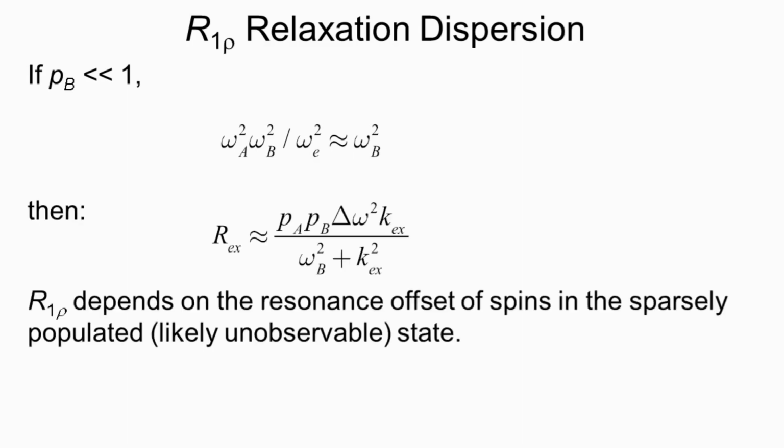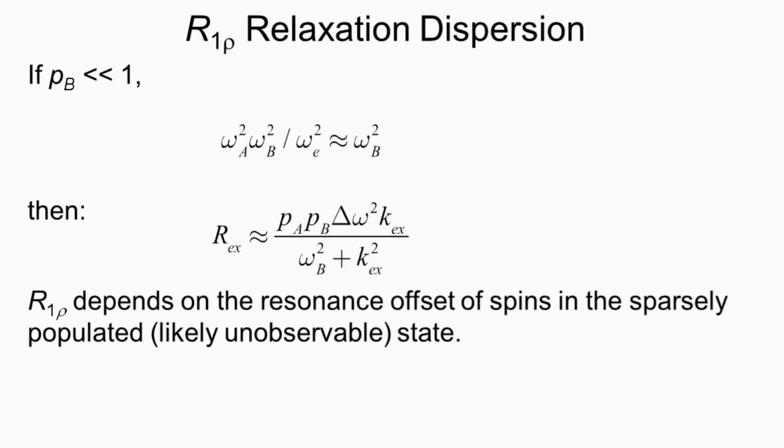And if we make that substitution, we see now that R1 rho depends on the offset to the minor state. It actually doesn't depend in this approach on the average resonance position.